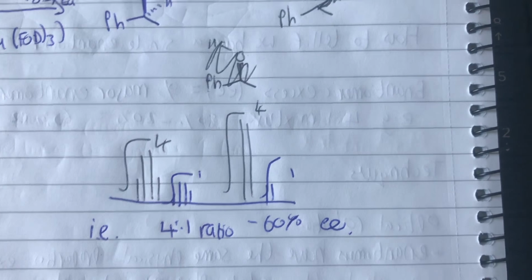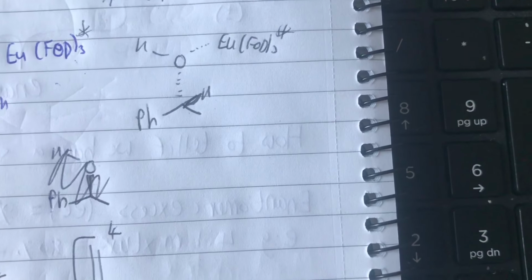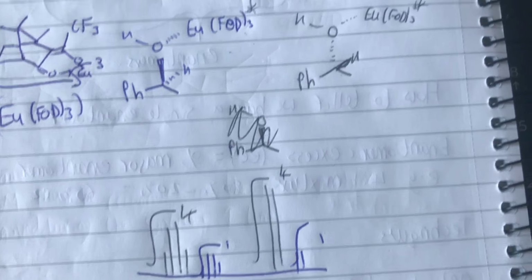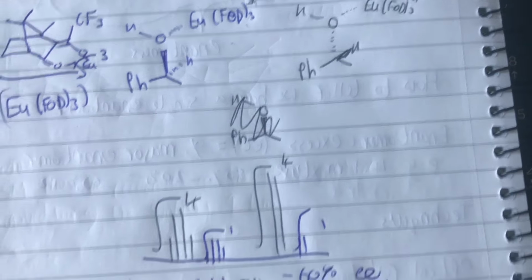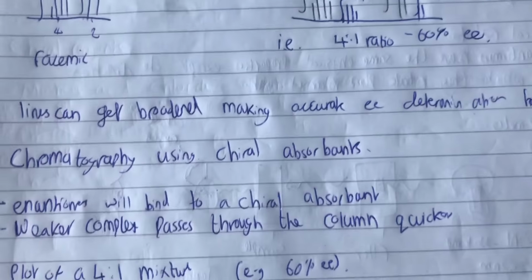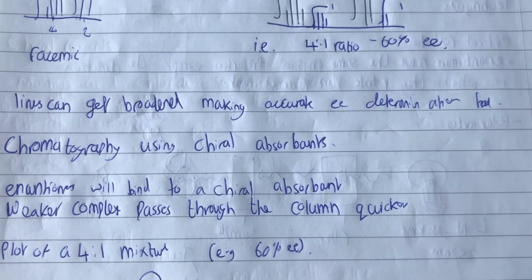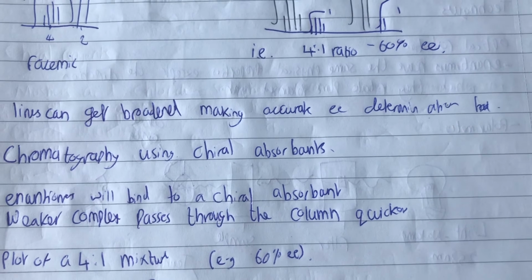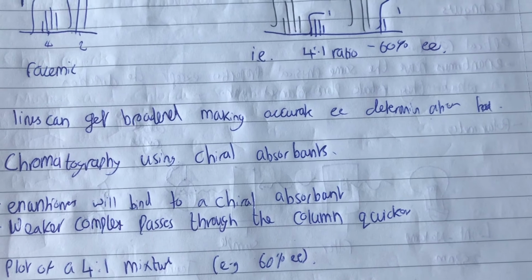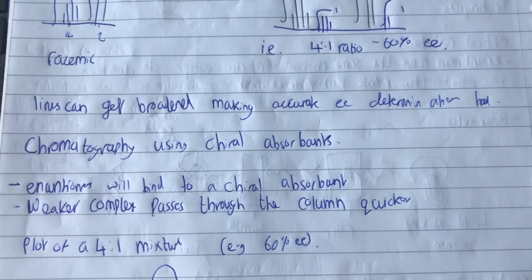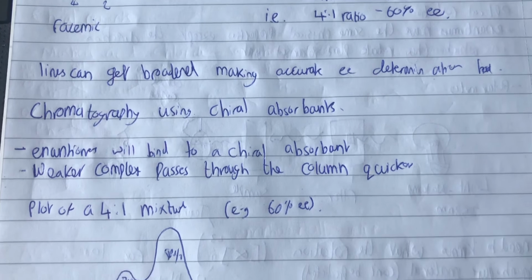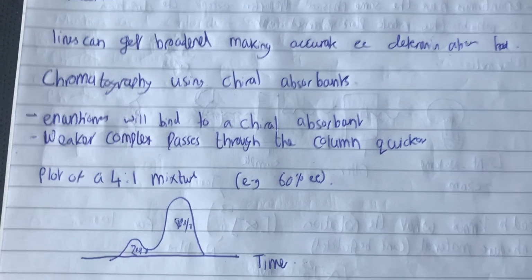We basically make a 4 ratio of this product and a 1 ratio of that product, and that just shows on the NMR shifts. Now unfortunately in NMR the lines can get broadened, which makes it harder to read, obviously making the calculations for EE less accurate. So obviously everything's got a good and a bad side to it.